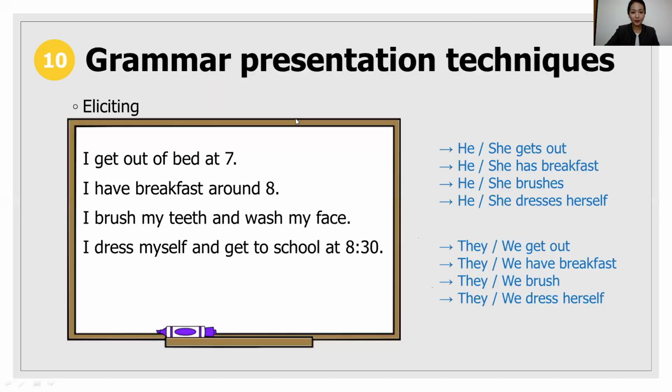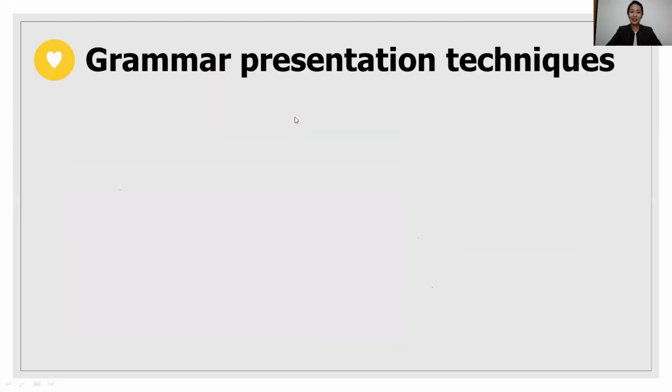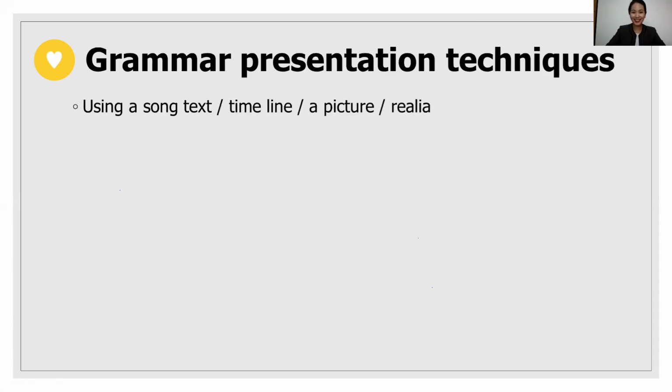All right. Now, we looked through the grammar presentation techniques. The first one, using a song, text, and timeline. A picture and reality. So think about what things you will use in your classroom. And in reading, natural reading like a magazine can be used.